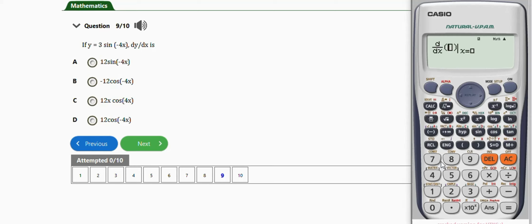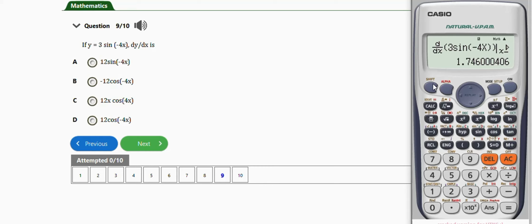So the question, we have 3 sine in bracket minus 4x. So that's it. Balance the bracket. We have 2 at the left, 1 on the right, and extra 1 here. So now balance. Come to this place and put the 2 is stored. So that's it.